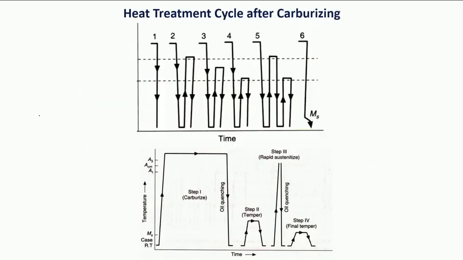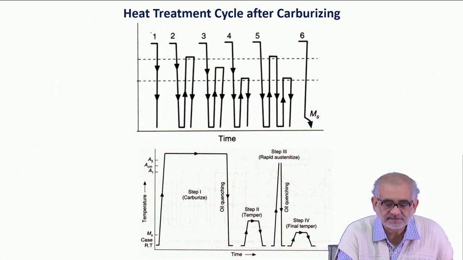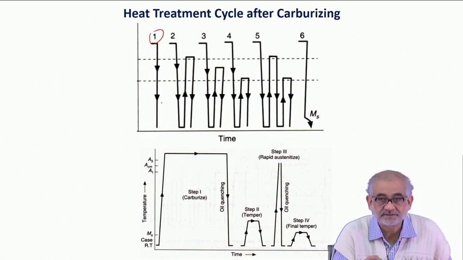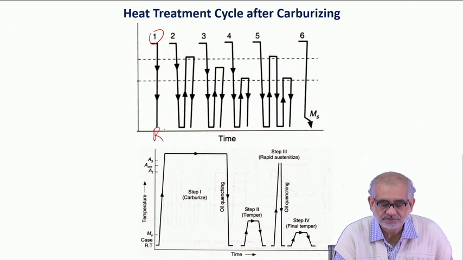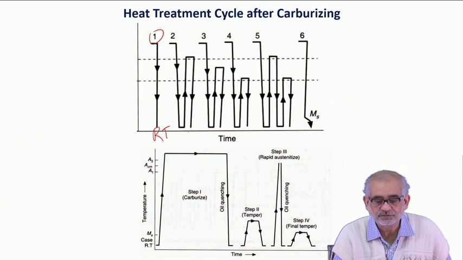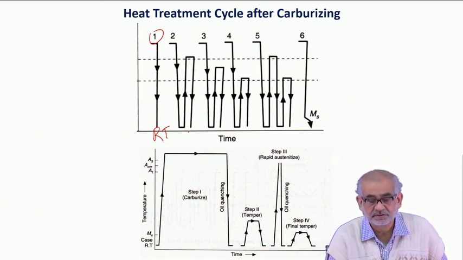We do it in this way. So first of all, this is the hardening treatment. This is the typical carburizing treatment. So after carburizing, we bring it to room temperature. Then we want to carry out typical hardening treatment.